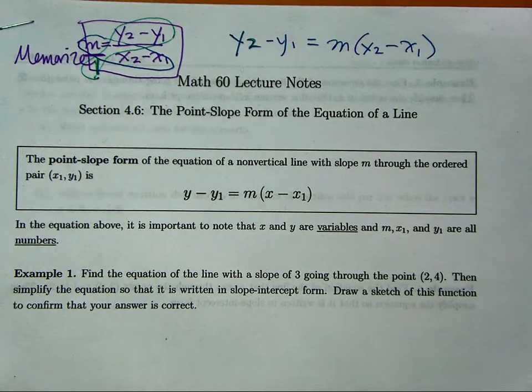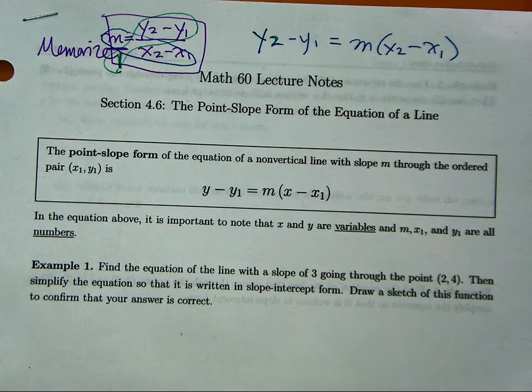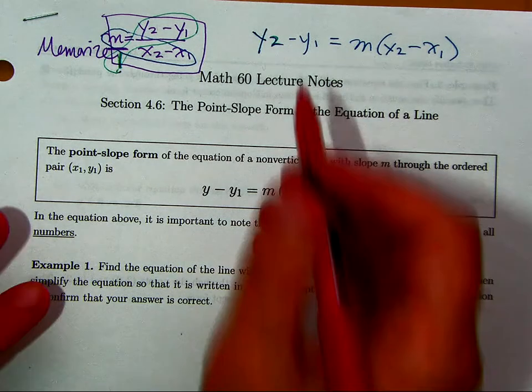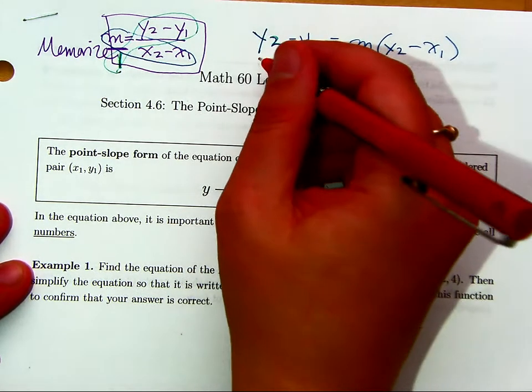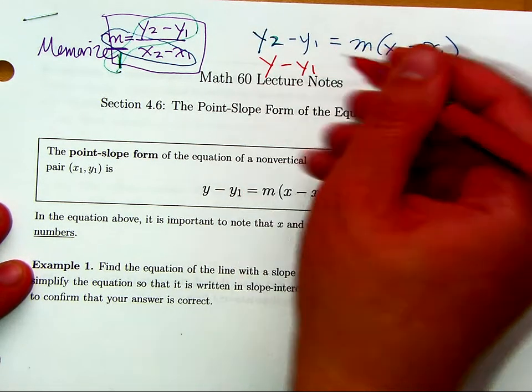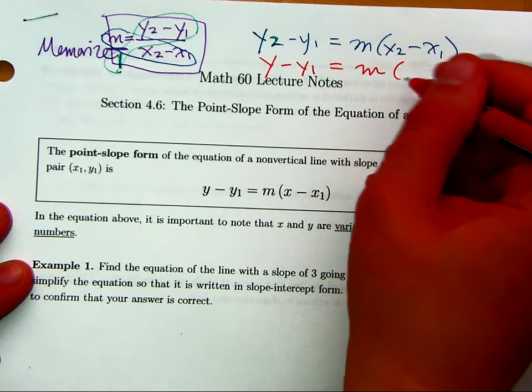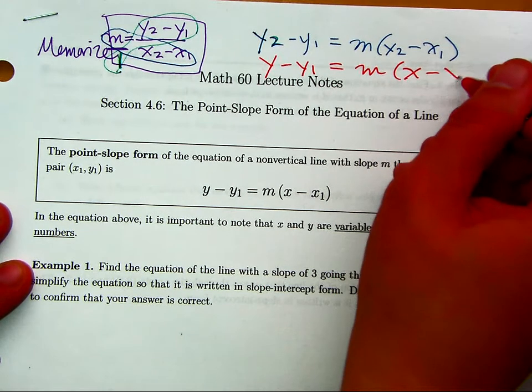Now, let's say I had the slope already. I already knew what the slope was. Well, why do I know what the slope is? Because I had the slope formula, so I must have calculated it. If I have the slope and 1 point, then I can change these to variables. Y minus Y1 equals M times X minus X1.